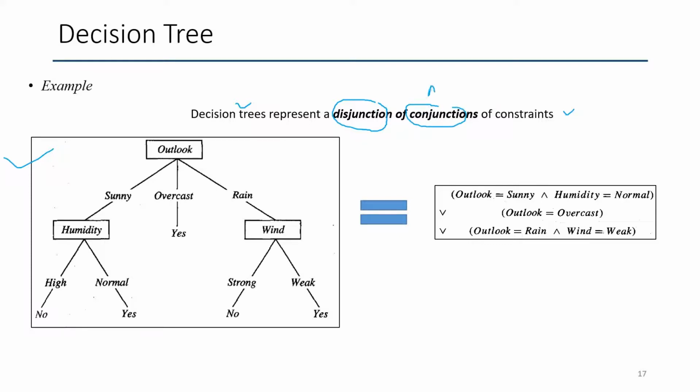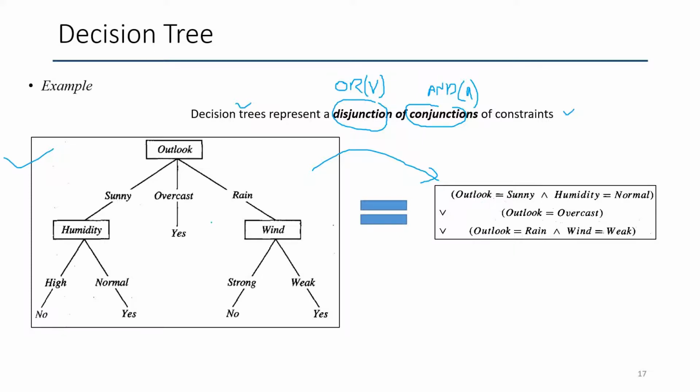Conjunction means and, and we represent conjunction by the inverted V symbol. Disjunction means or, and it is represented by V. Now the same decision tree I can represent in another representation, in the form of a disjunction of conjunctions.